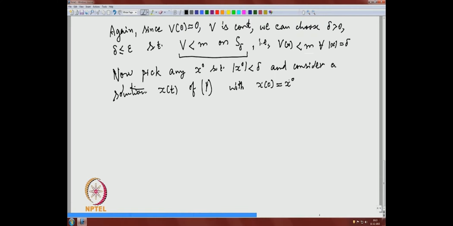So, I am now starting the orbit in the ball of radius delta, and we would like to show that this orbit through x 0 remains within epsilon, and that proves the stability. So, we wish to show that the positive orbit is contained in mod x less than or equal to epsilon, and this proves stability.